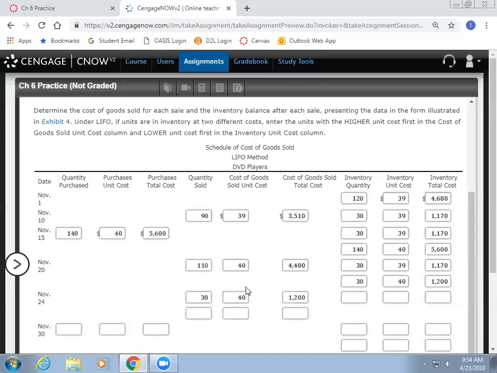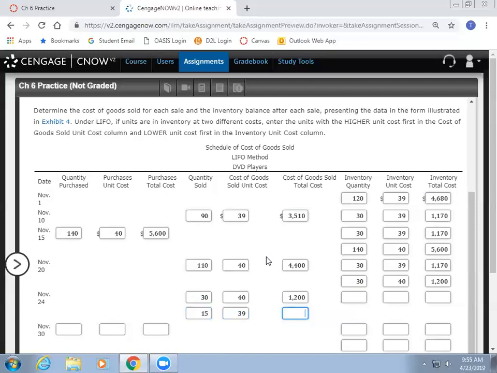How many will get sold at the $39 price point? We sold 45 total. 15, good. So 15 were sold at the $39 price point.